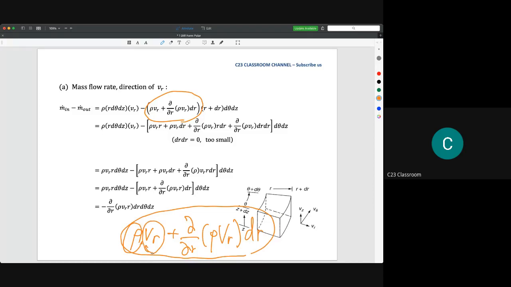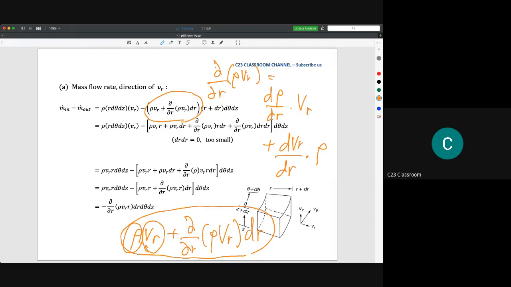So the del over del r of rho and vr can be changed into d rho over dr, with vr held constant, plus d vr over dr with rho held constant. I think you already know how to expand the partial derivative.